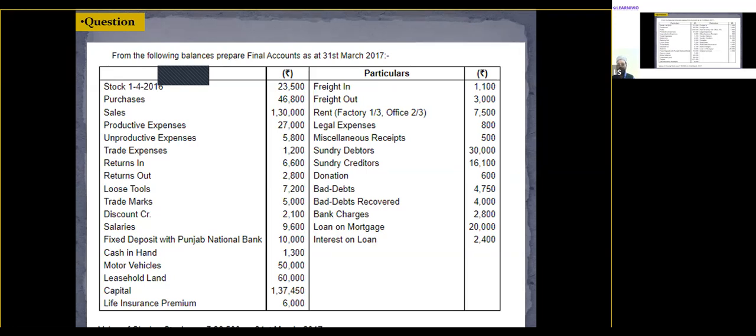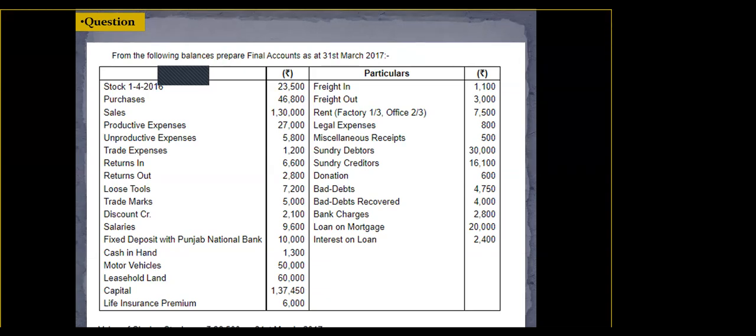So write down 46,800 reduced by 2,800 in the final column of the trading account. 46,800 minus 2,800, it will be 44,000 in the trading account on the debit side by the name of purchases. Is that clear, everyone? Yes, sir.